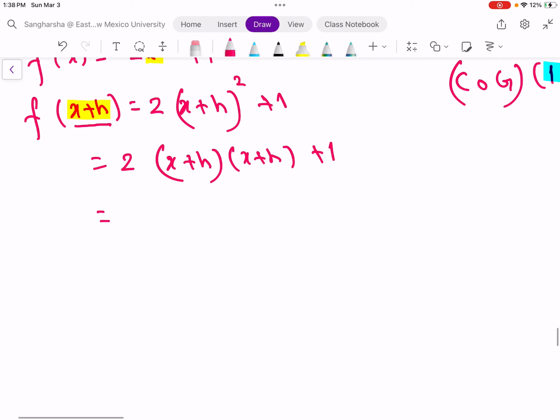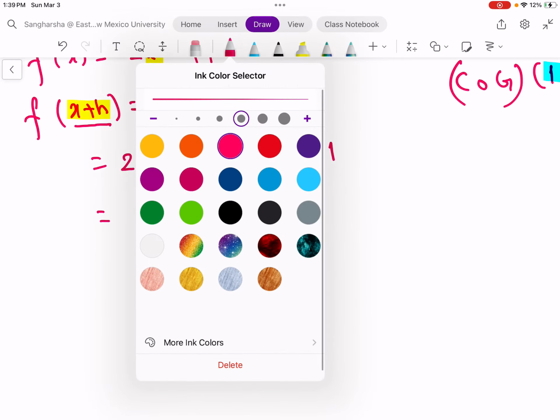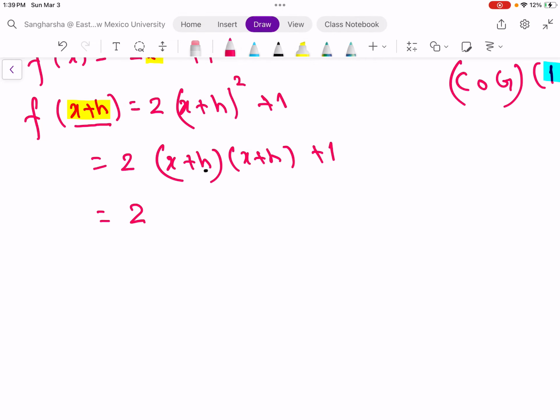Now we use FOIL. Oh, I messed up here, so let me go one more time. We have 2 as it is. Now we multiply the first terms, x times x.